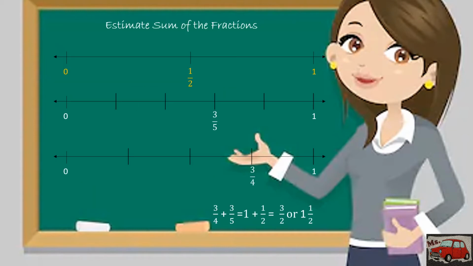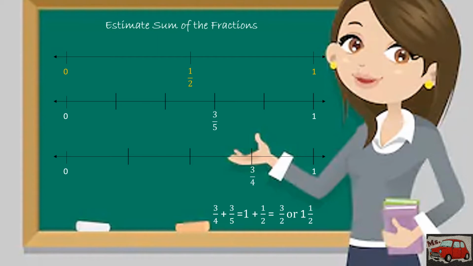Okay? Okay, so let's get the estimate sum of the fractions. So, I have here 3/4 plus 3/5. So, if we will do it mentally, mas mahirap, mas matagal, right? So, we do estimation if we want to solve it quickly or we don't need the exact answer. Okay? So, in this case, natuto na tayo mag-estimate kanina ng fraction.